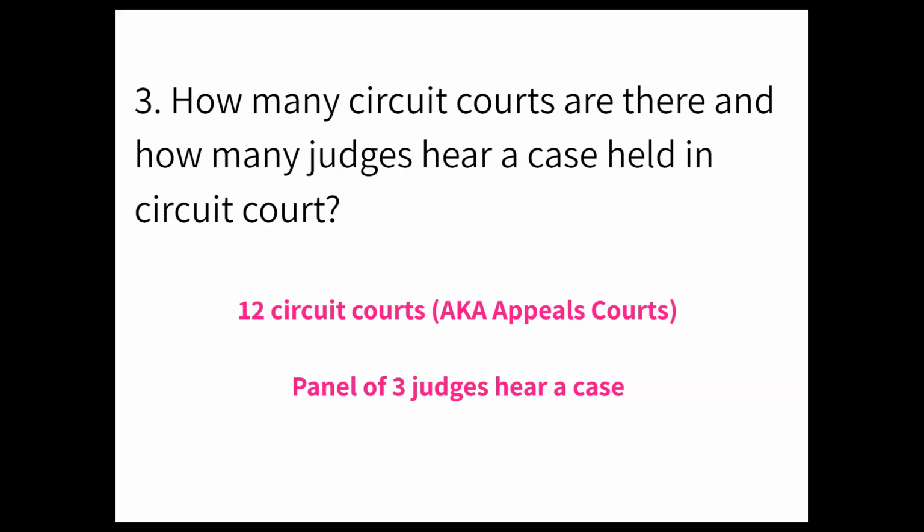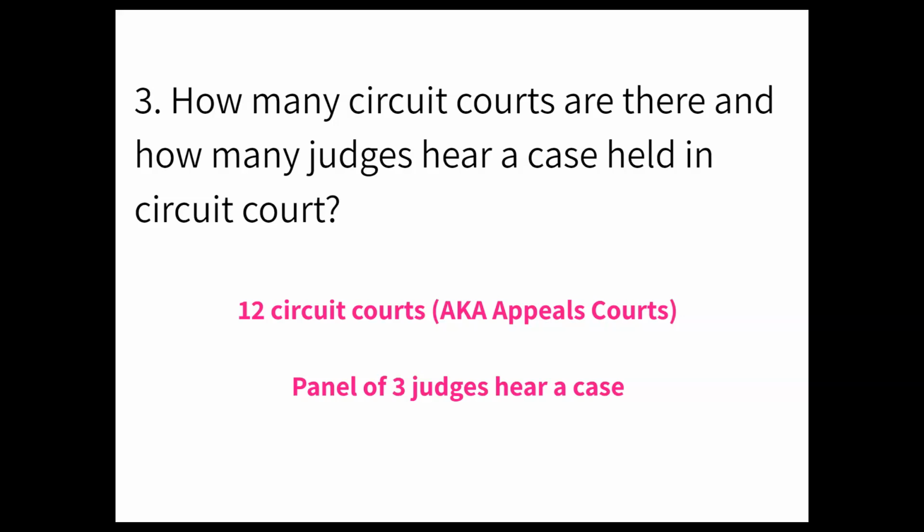These 12 circuit courts are known as appeals courts, and they have what is known as appellate jurisdiction, meaning the cases that they hear have to be brought to them based on appeal. They don't get to hear a case first. So a case has to have been heard in a lower court, a decision made in that lower court, and then appealed to that next level.